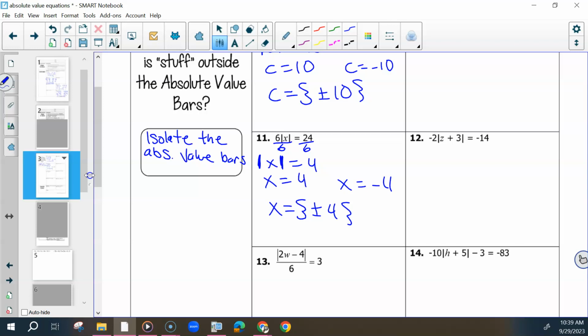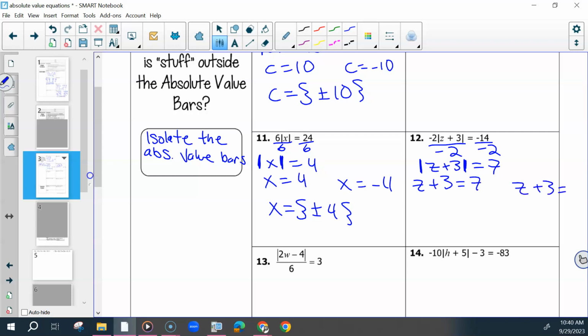Let's try 12. What would be our first step? Divide both sides by negative 2. We have z plus 3 inside the absolute value bars equals 7. And then what? Drop the absolute value and do what? Make this equal to negative and positive 7.